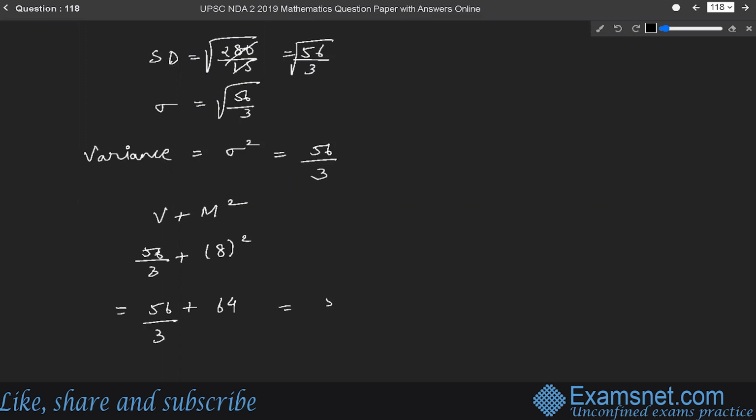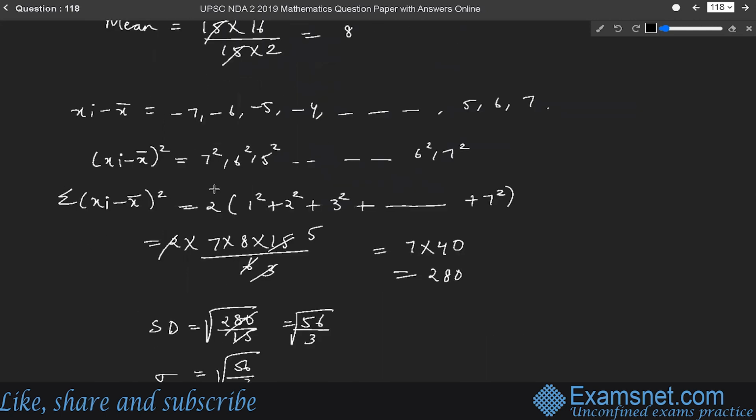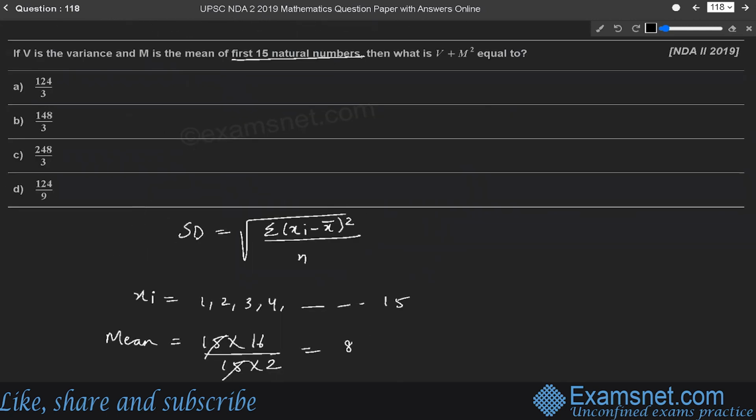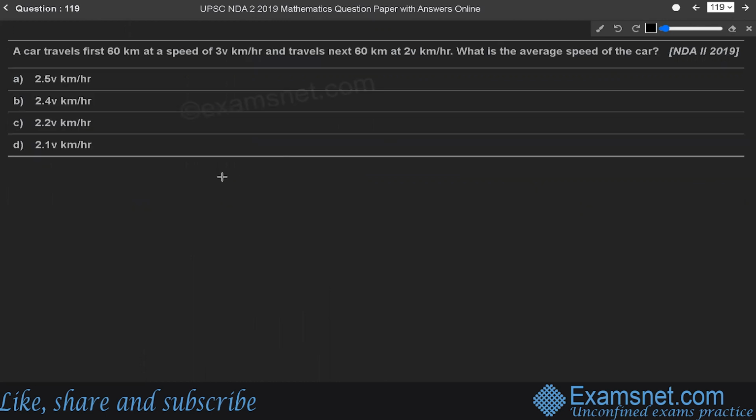So it will be 56 plus 192 divided by 3. So it will be 248 by 3. Hence we can say that the correct option for this question is option number C, which is 248 upon 3. I hope this question is clear to you.